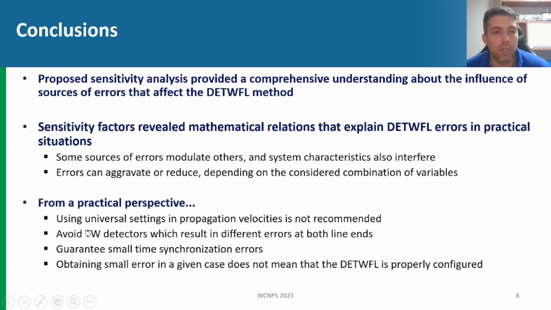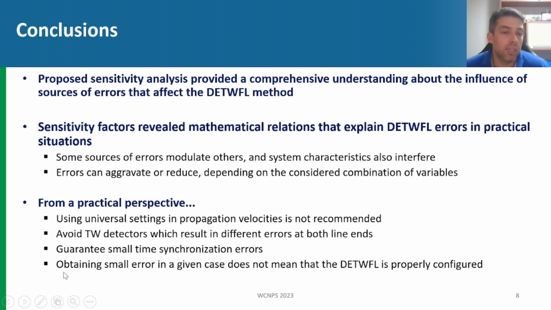It is also recommended to avoid traveling wave detectors which result in different errors at both line ends because it will increase the equivalent P error and it can be superposed with time synchronization errors, and this is why we are recommending to consider reliable time synchronization means to minimize these errors, because the equivalent P error also interacts with errors in the propagation velocity and other variables analyzed in this paper.